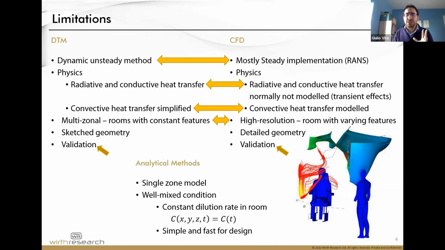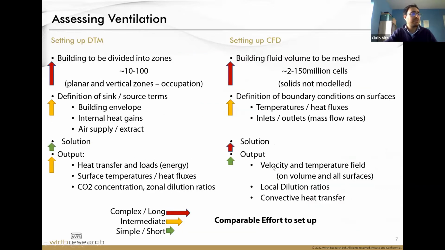Normally, we don't have a strong validation that says that our calculations are correct. In the DTM case, however, there is a huge experience of using this method. In CFD, there isn't. What you can draw is a parallel. So actually, the limitations of CFD are the strength of the other method. And this is true. They can be complementary.